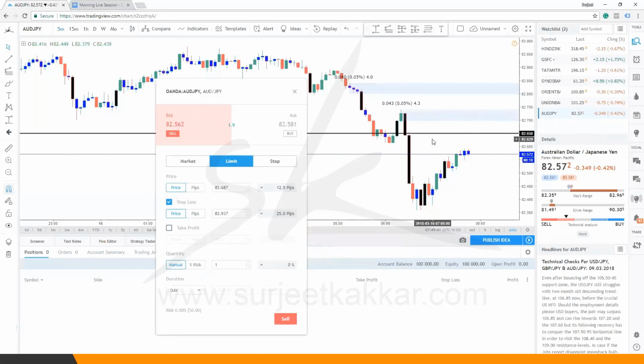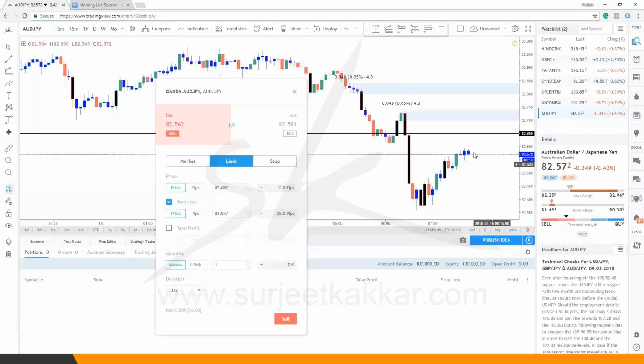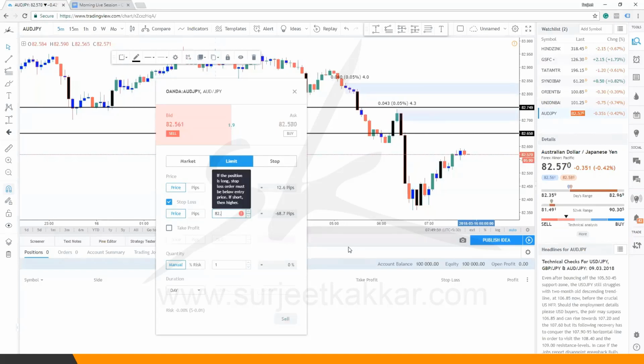And what I'll do is I'll just draw a horizontal line just to understand where my stop loss can be. So my stop loss would be somewhere around here. So the stop loss price is 82.749, right? So your entry price is 687, stop loss is this, right?